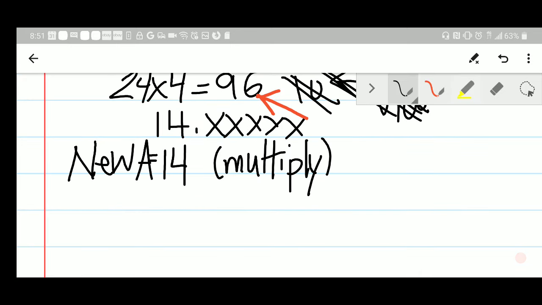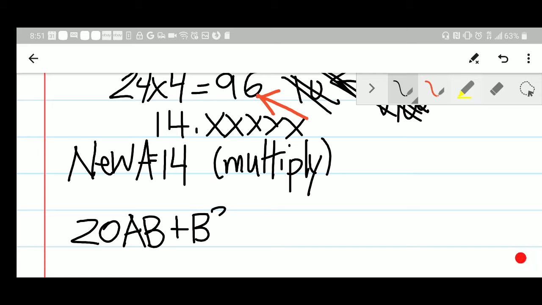Okay, so now 20 AB, we do like part B. Again, we just keep doing this part B over and over until you get the number of accuracy that you want. Is less than or equal to 96.